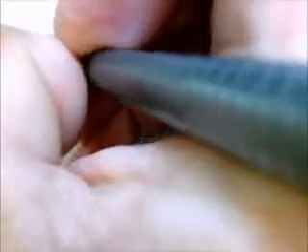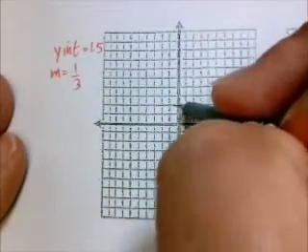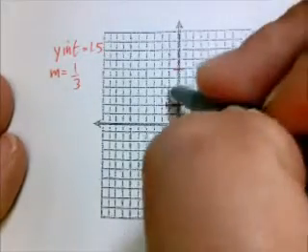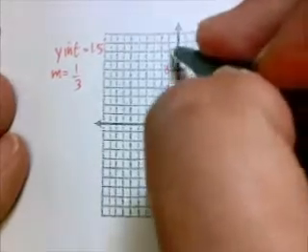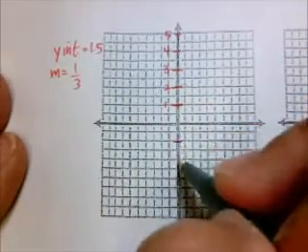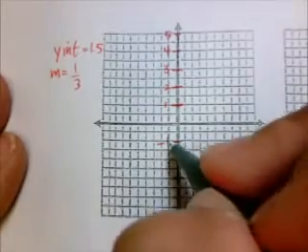So if we have a y-intercept of 1.5, and we have the slope of 1/3, instead of making these worth 1, I'm going to make each one worth a half, so this is 1, 2, 3, 4, 5, -1, -2, -3, -4.